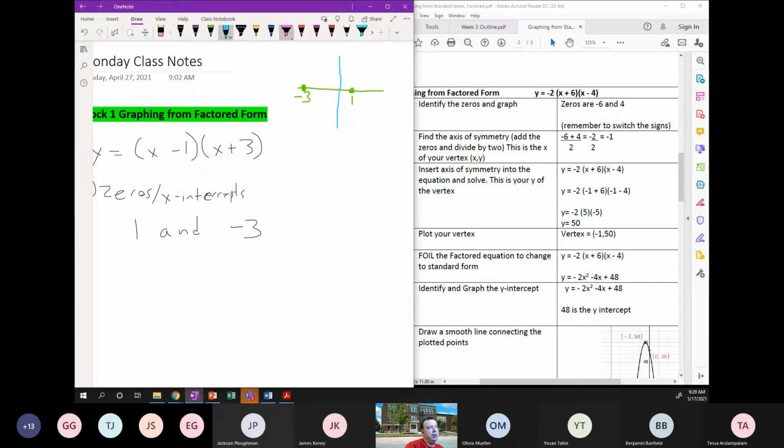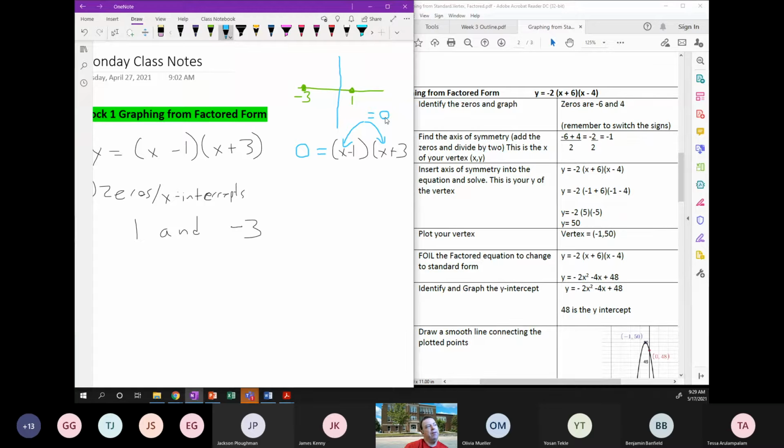0. Okay, good. So what that actually means is, if I were to replace this y, this equation would now be 0 equals (x minus 1)(x plus 3). So what I'm asking is, what could I put in there or there that would make this equation equal 0? Okay.